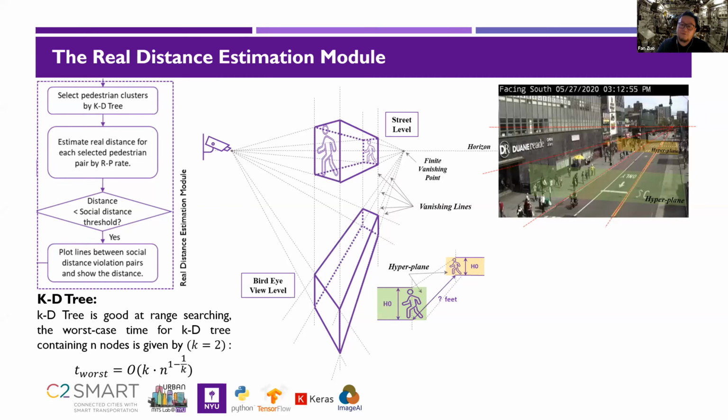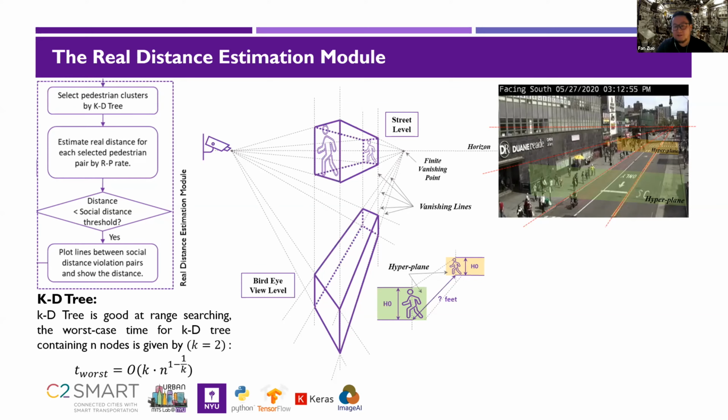And the further the hyperplane, the larger the RP rate, as you can see in the showcase here, the relationship between the green and the yellow hyperplane, right? The farther away the object, you will find that it is smaller, right?